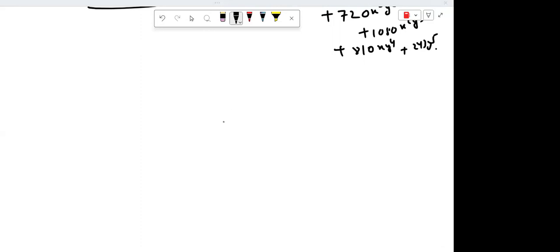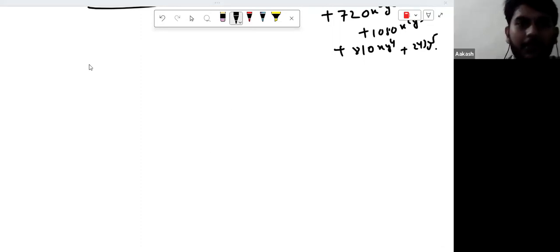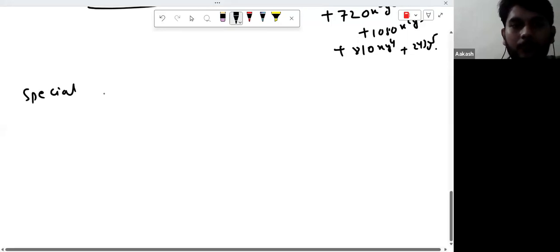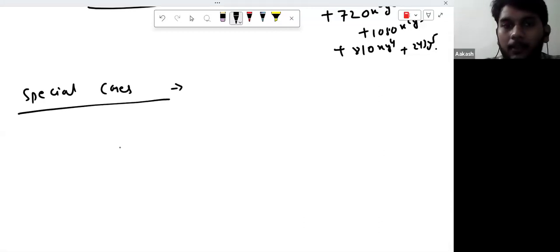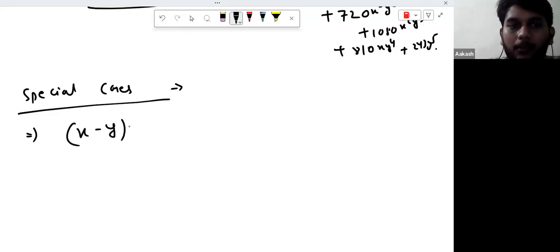Okay, let's see some special case. If I write x minus y to the power n, can I say this is equal to x plus minus y to the power n?